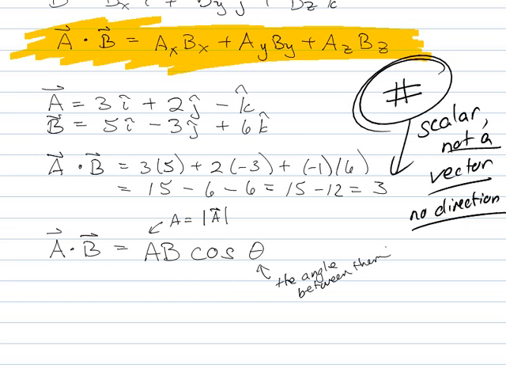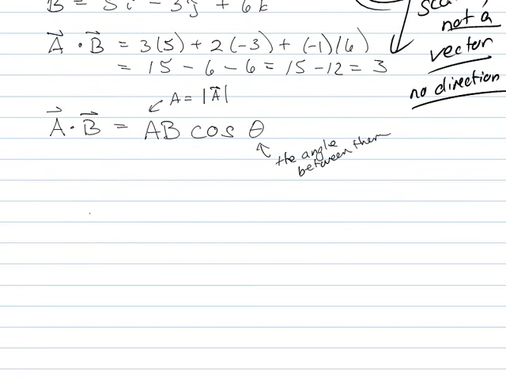Okay. Now, if you want to prove this to yourself, let's pick some simple vectors. Let's call a vector 5, 0, 0. Whenever I write this, I mean 5i hat. So I'm going to write a vector that's 5i hat. And I'm going to do a B vector that's 5i hat plus 5j hat.